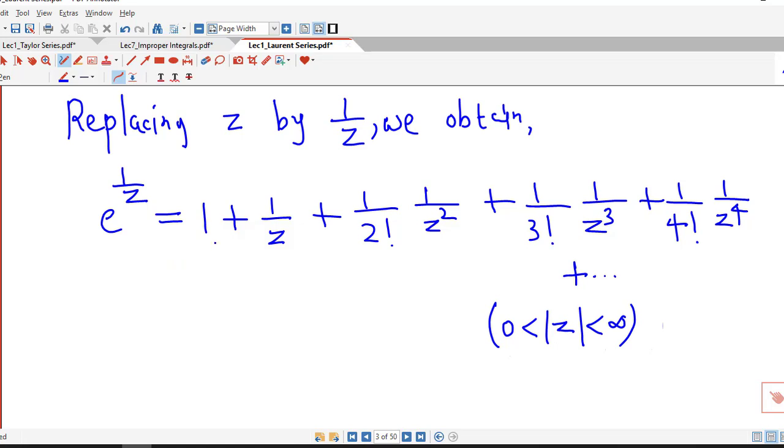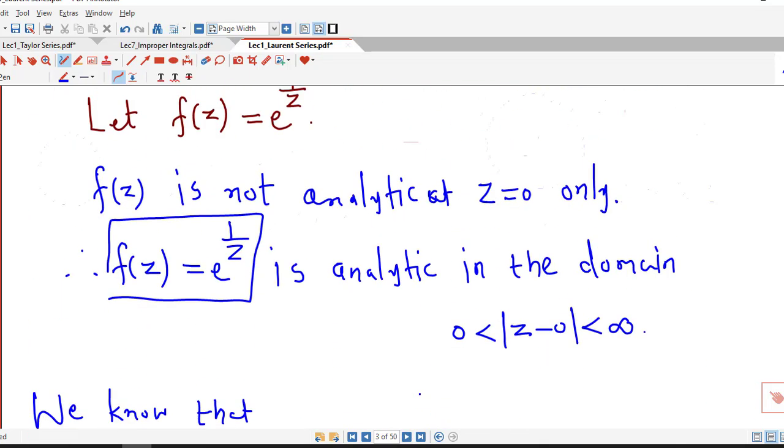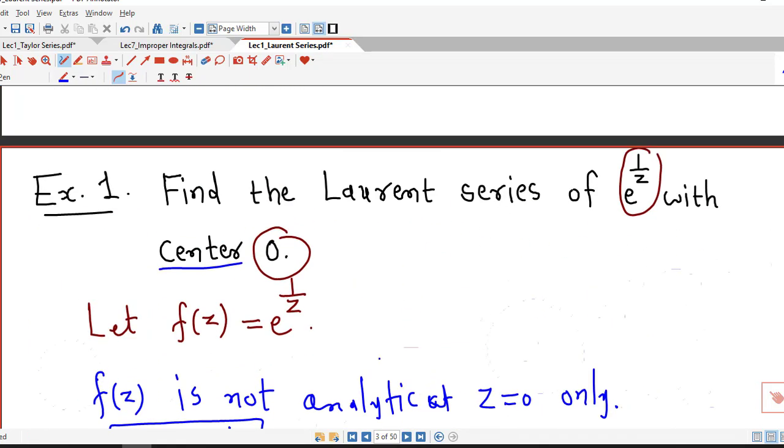So in this way we can represent the given function f of z as a Laurent series if the function is analytic in the annular domain. Here we are not using Laurent's theorem to find the Laurent series of this function.